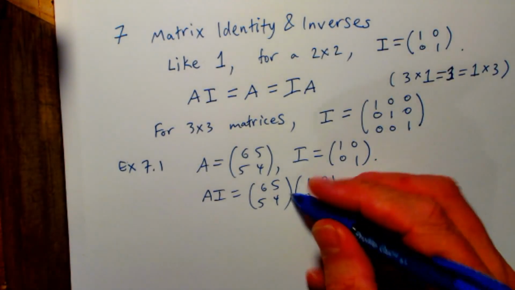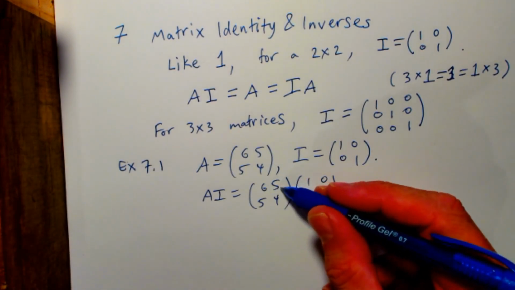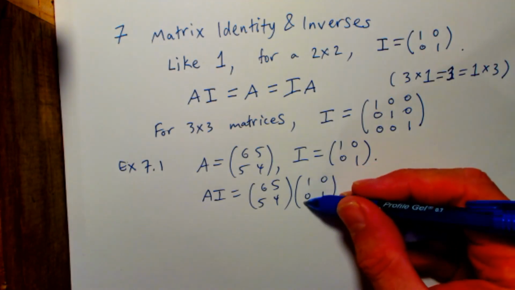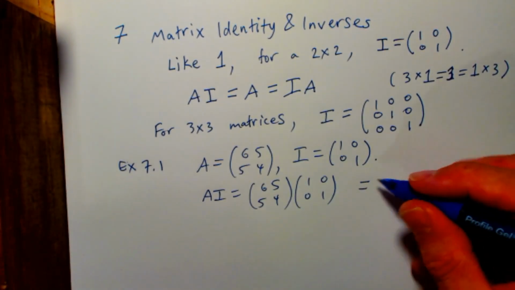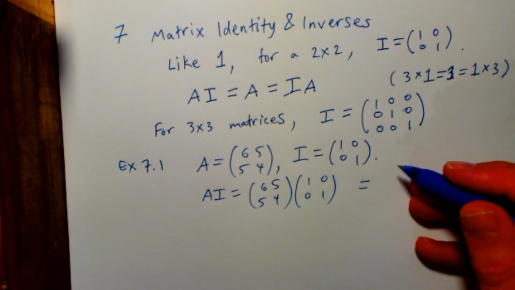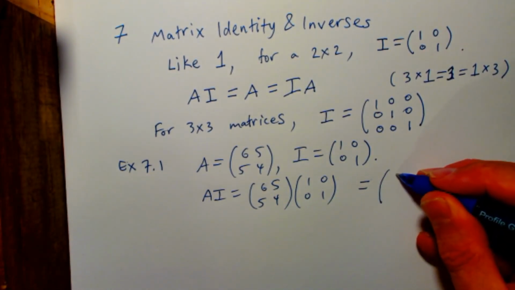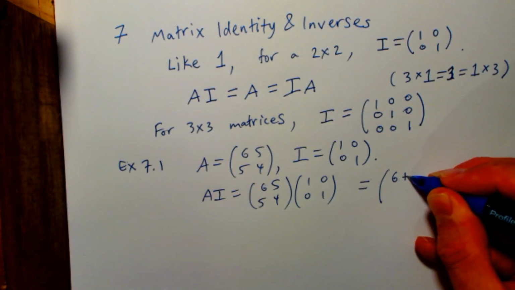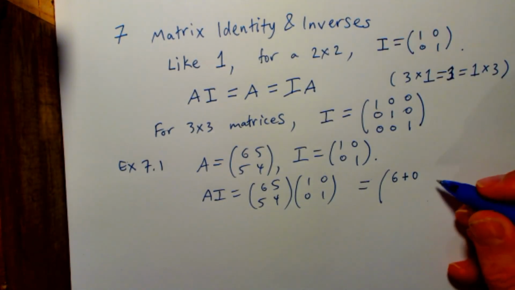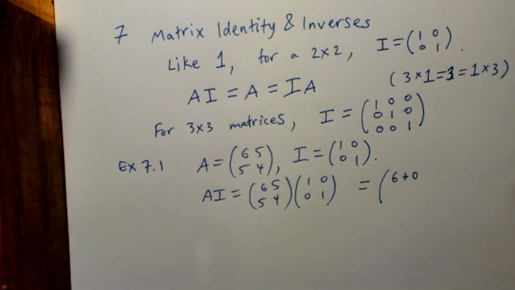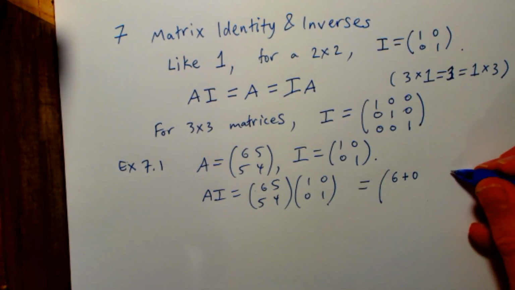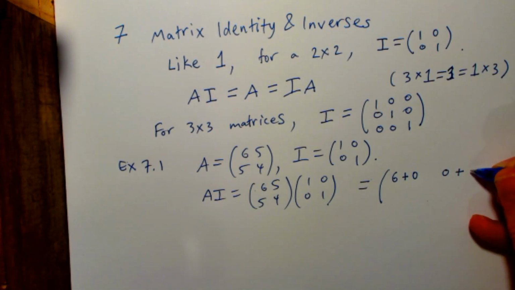Alright, so remember we take the first row of the matrix on the left and match it up with the first column of the matrix on the right. Multiply those corresponding entries and add the result. So that's 6 times 1 is 6, plus 5 times 0 is 0. And then we take this first row and match it up with the second column of the matrix on the right. And so this time we have 6 times 0 is 0, plus 5 times 1 is 5.